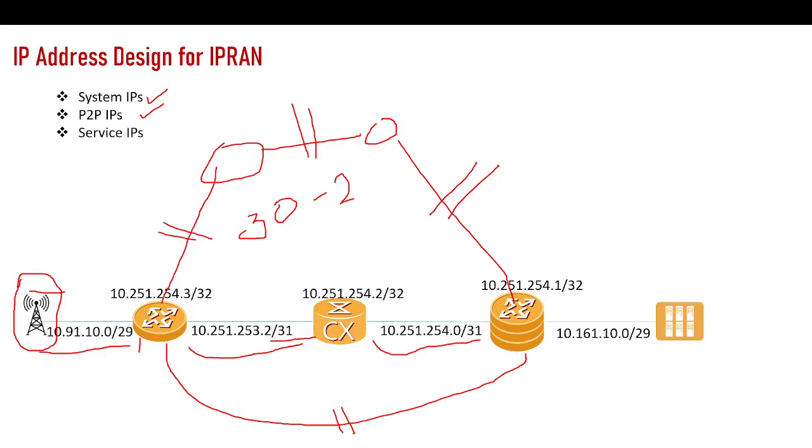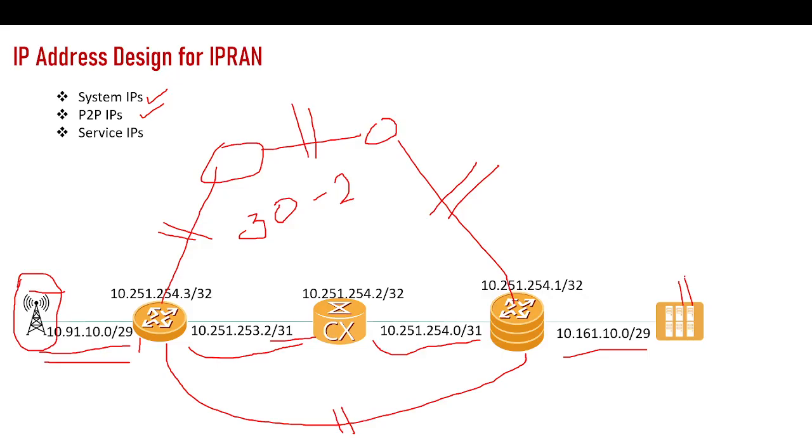The third type of IP is the service IPs. These are the ones that we configure between the BTS and the CSG, and we also need IPs between the RSG and the controllers. So there are service IPs configured on this end, on the RNC, the BSC, the EPC, the SGSN, all those nodes need to be assigned IPs.